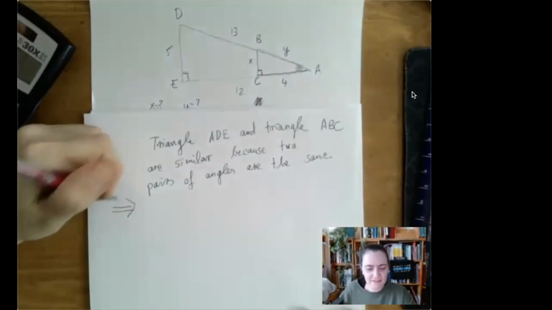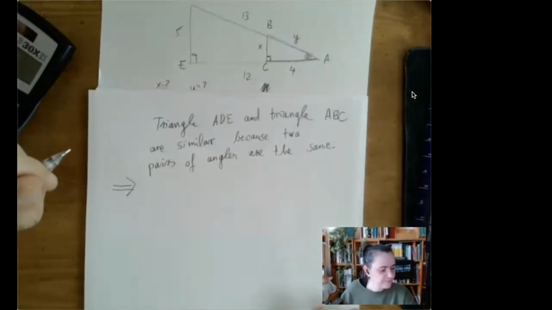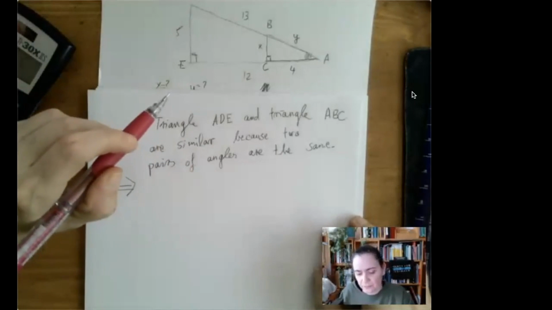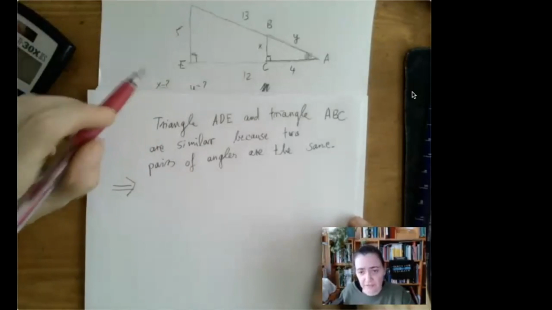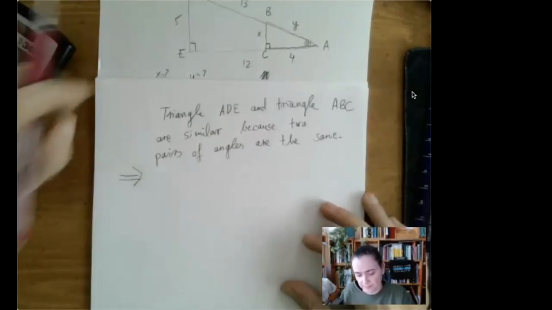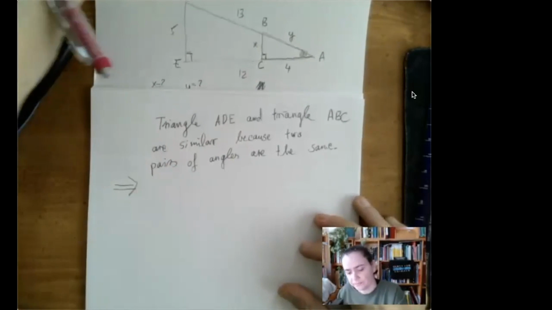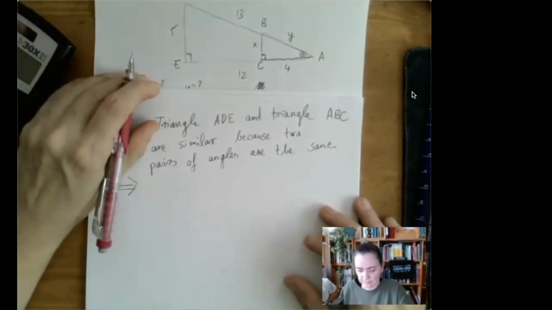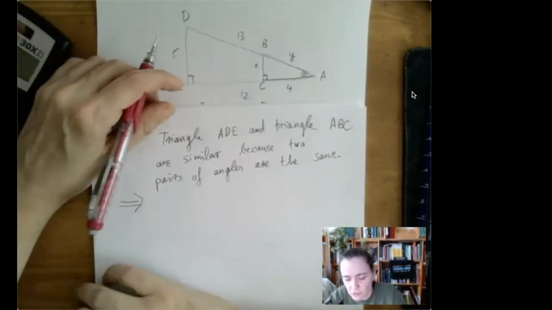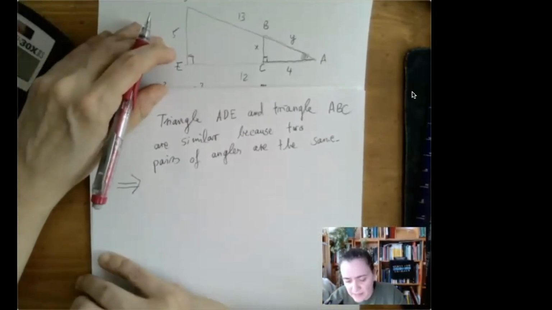So as I said, we use that the triangles are similar using chasing down angles. And once we have that, we use it to find proportional sides. And so now we can use proportions, ratio problems to solve for missing sides.